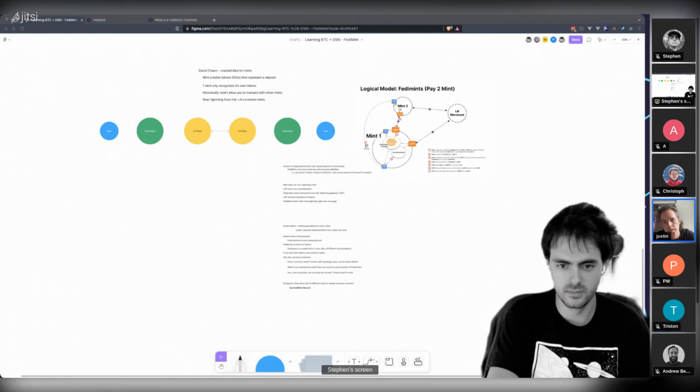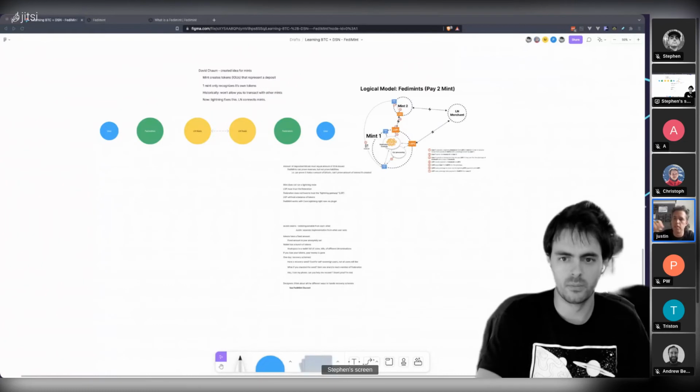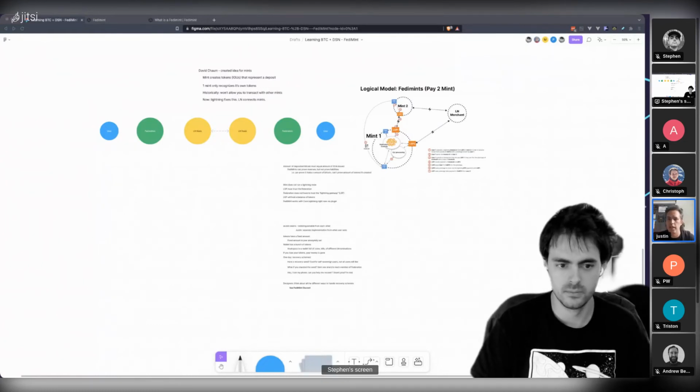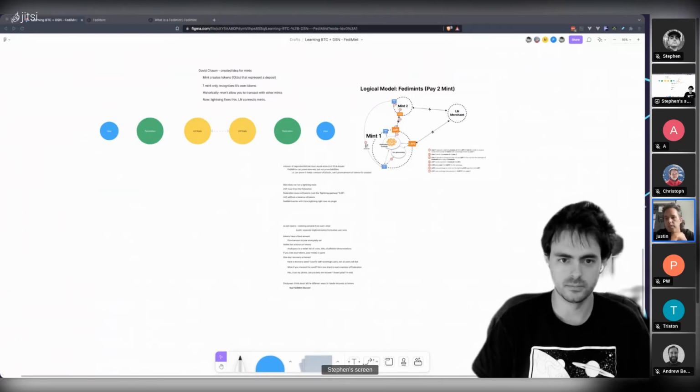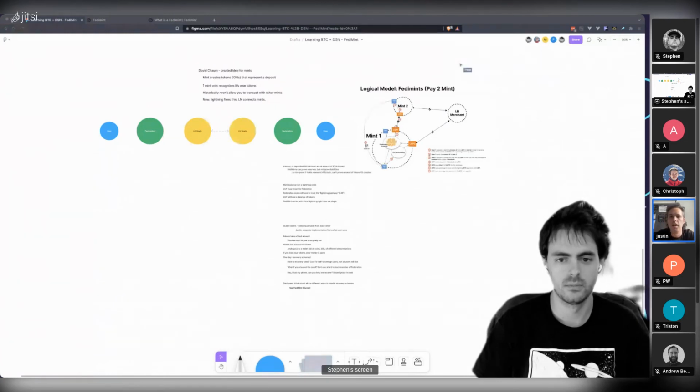Yeah, so on the server side, each server has a database, and basically the federation members, the servers, send messages back and forth to ensure they have an exactly synchronized database. And so with these recovery ideas, like sending a shard of your seed to one of these servers, it would just go in their database, right?